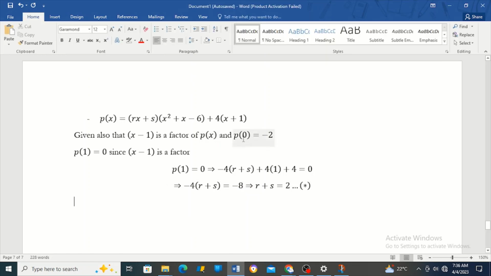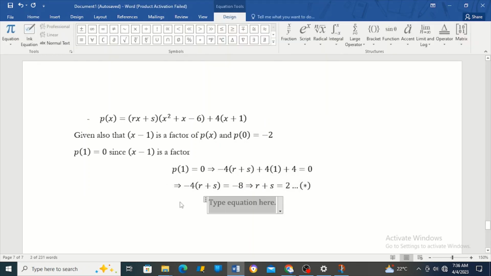Now we also have that p of 0 is equal to negative 2. What does it mean? It means that we replace x with 0, we are going to be left with s into 0 squared plus 0, so you have minus 6 there, so minus 6s then plus 4 equal to negative 2.